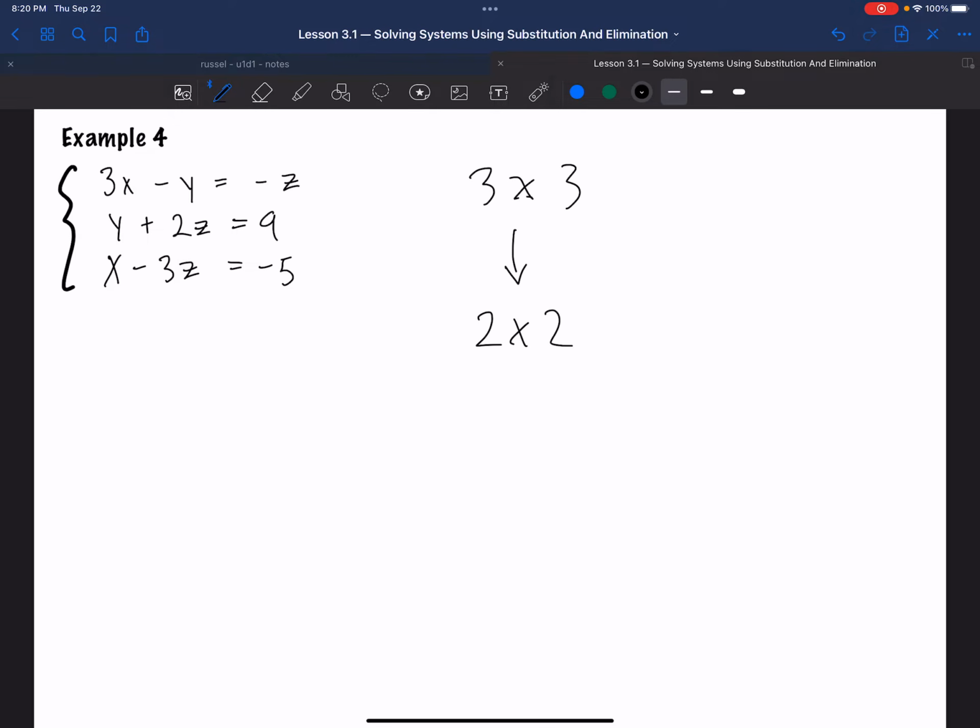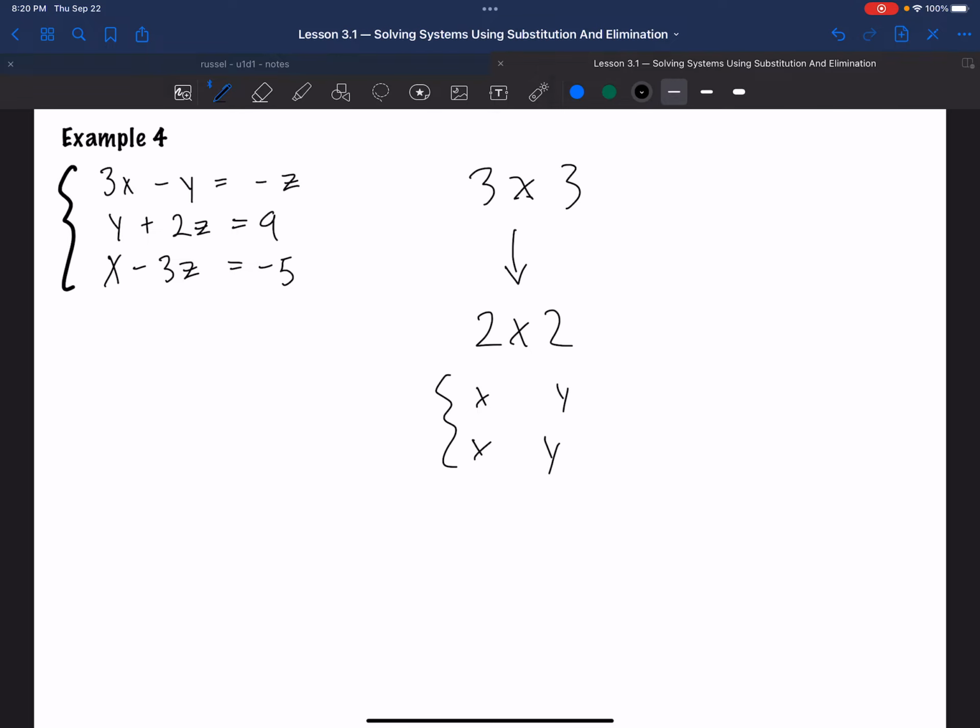Now, the 2x2 system is what we covered in the previous video, and if you've taken Algebra 1, which, how could you be in Algebra 2 if you weren't in 1, right? That's what you solve in Algebra 1, is 2x2 systems. That is when you have 2 variables and 2 equations to solve.